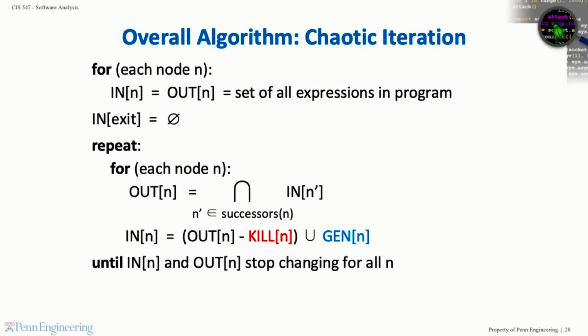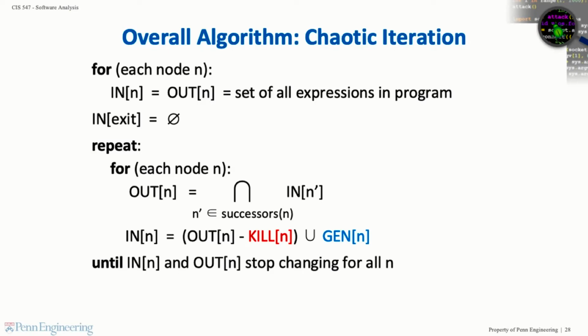In contrast, recall that in reaching definitions analysis, the in and out sets of reaching definitions grow because we use the union operation. This also makes it clear why we initialized all in and out sets in very busy expressions analysis to the set of all expressions in the program, since these sets will shrink as the algorithm progresses.